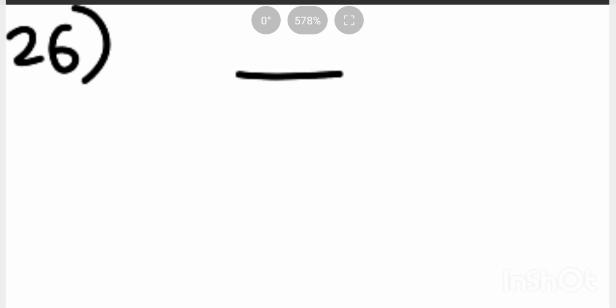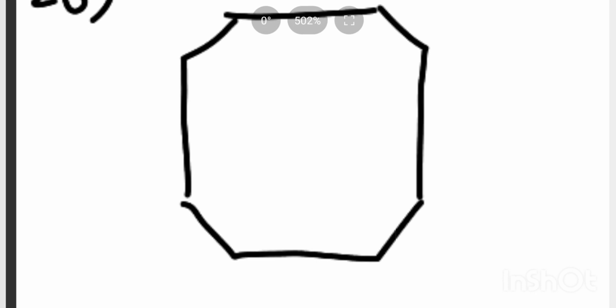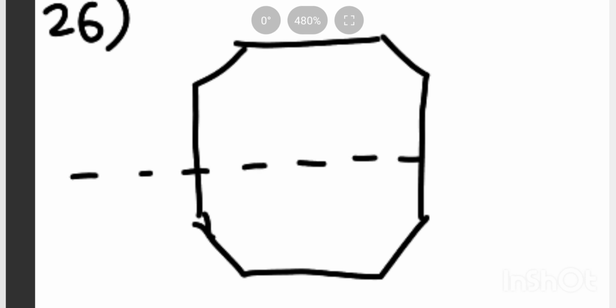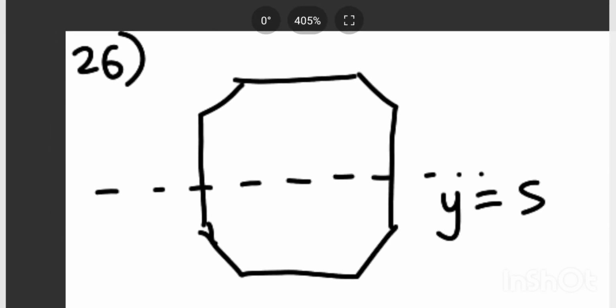Work out the coordinates of point Q. So if we sketch this octagon, the lines of symmetry, this is y equals 5, this is x equals 1.